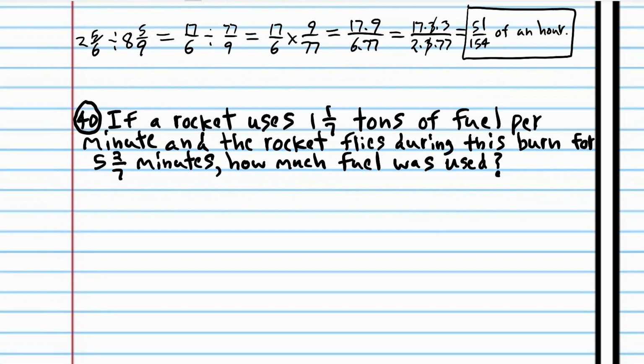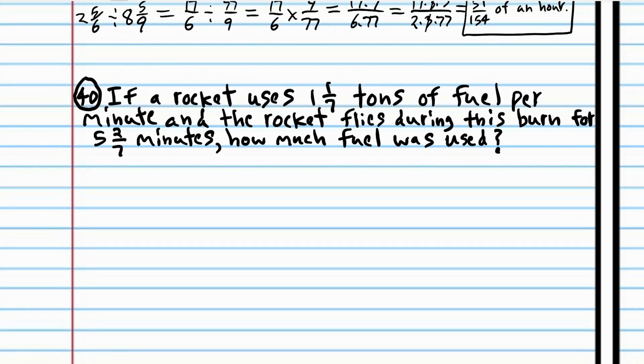All right, we're back. So let's see here. This is actually going to be a multiplication problem. So if you multiplied, you did it correctly. I'm going to just speed through this because we've already been doing this for quite a while. 5 2/7, that's correct.